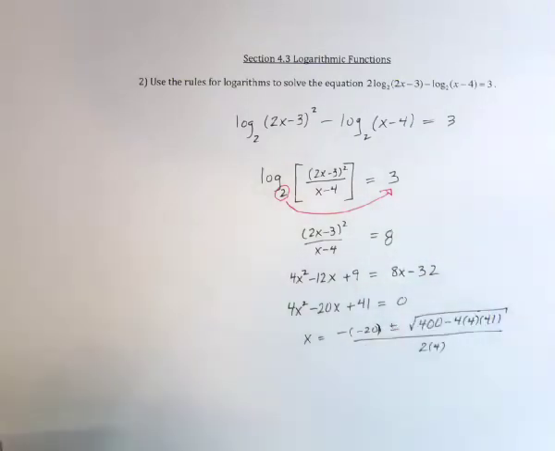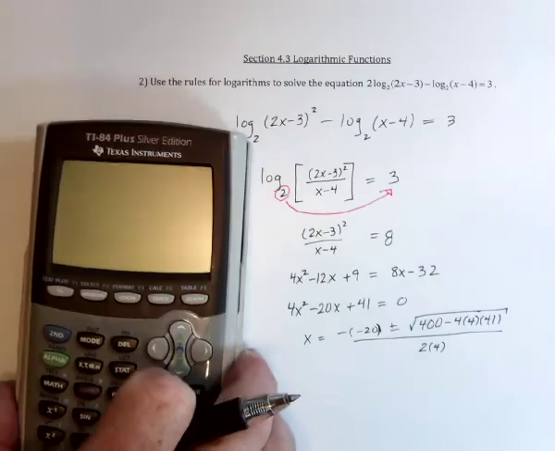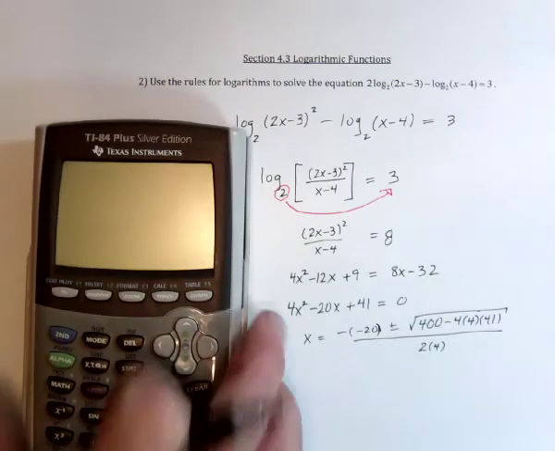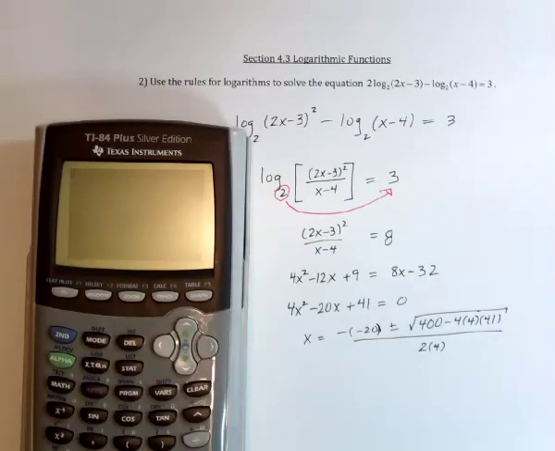And now use the calculator. And we've got a positive 20 and plus the square root of 400 minus, that's a 16 times 41. And then close the numerator, and it's divided by 8.